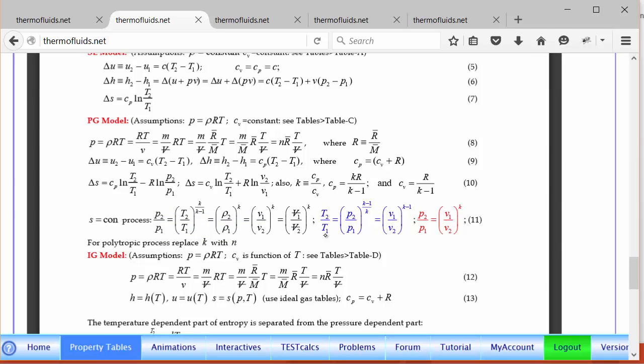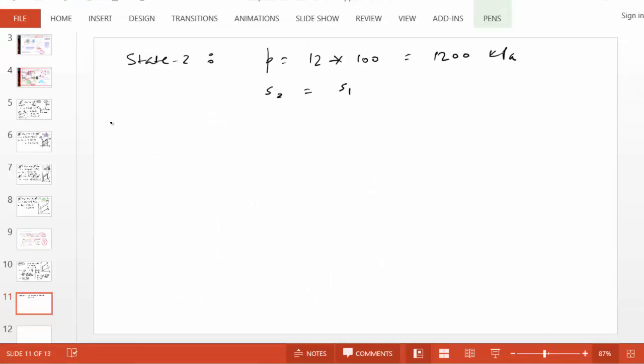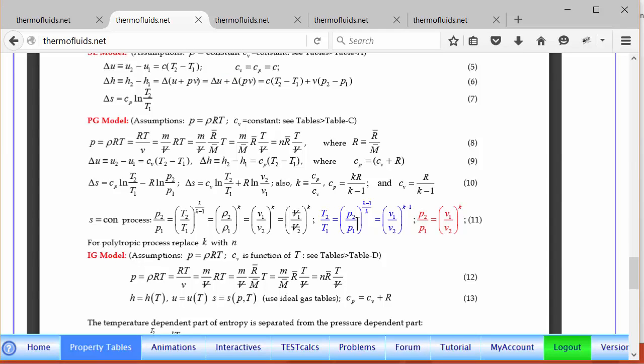We know the pressure ratio, so P2 over P1 is known, and T2 over T1 and P2 over P1 are connected by equation 11. So once again, T2 over T1 is P2 over P1 to the k minus 1 over k.